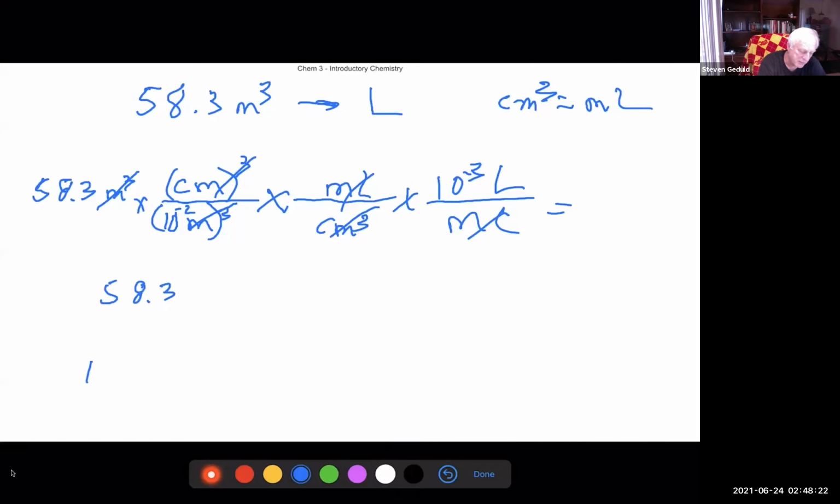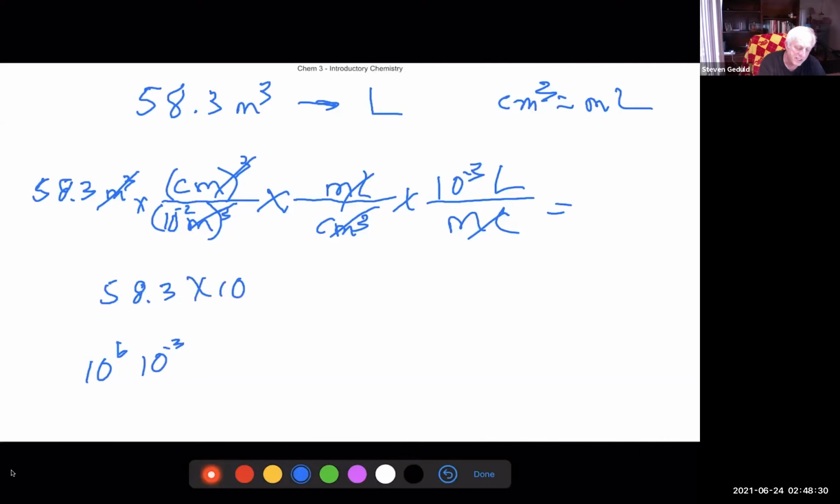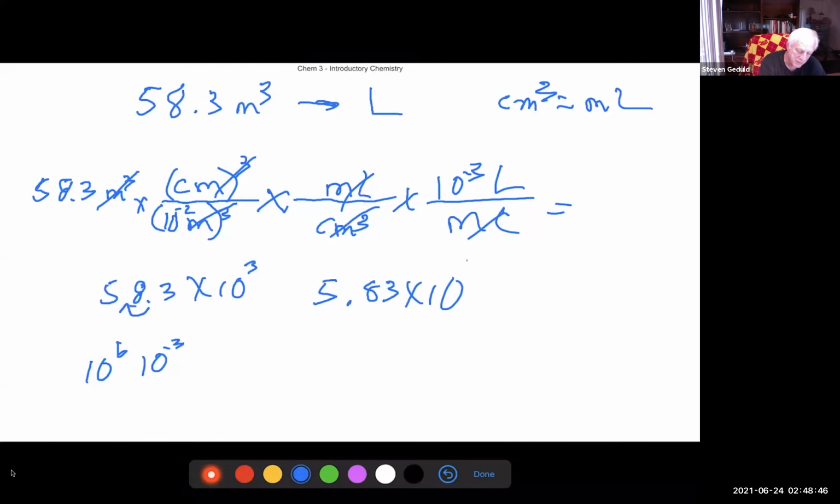You move that up, it becomes 10 to the 6. On the top, you have 10 to the negative 3. So 58.3 times, what's 10 to the 6 times 10 to the negative 3? 6 minus 3 is 3, which in scientific notation becomes 5.83 times 10 to the, I made this smaller by 1, so I make this bigger by 1.